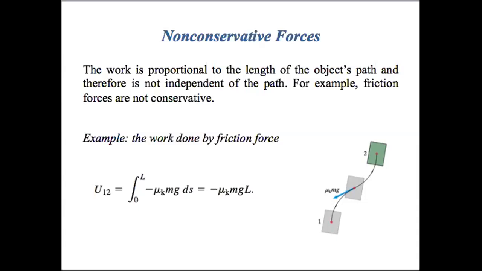Suppose that a book of mass m rests on a table and you push it horizontally, so it slides along a path of length L. The magnitude of the friction force is mu times W, and its direction is opposite to that of the book's motion. So the work done by the friction force is negative mu times m times g times L and depends on the path.